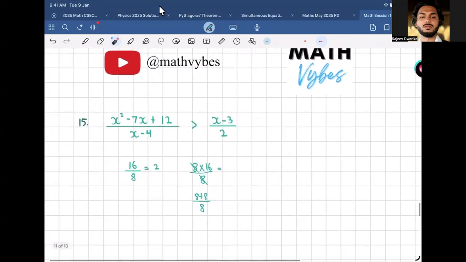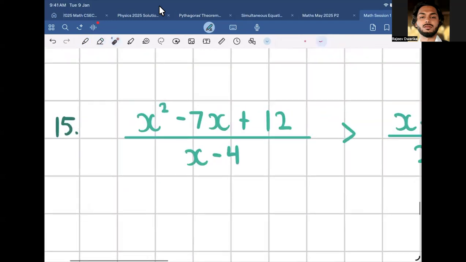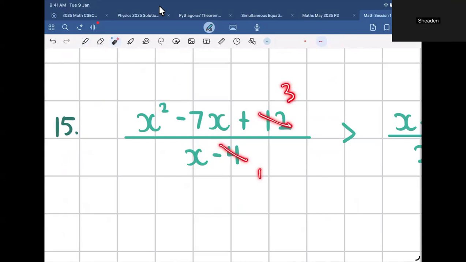Don't do that. So Serena, I hope you pay attention and you hear what I'm saying. So for any of you guys that would do this, this is incorrect. Did you do this? Did you say 4 into 4 is 1 and 4 into 12 is 3?